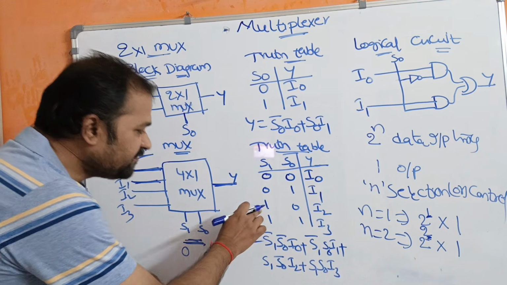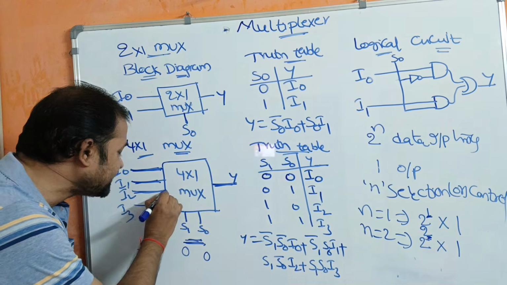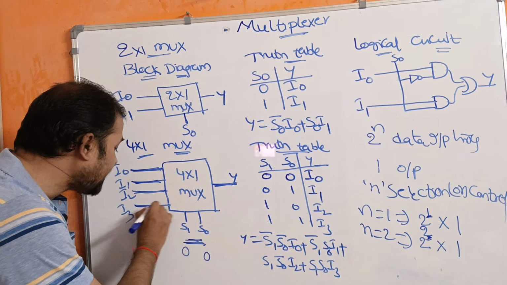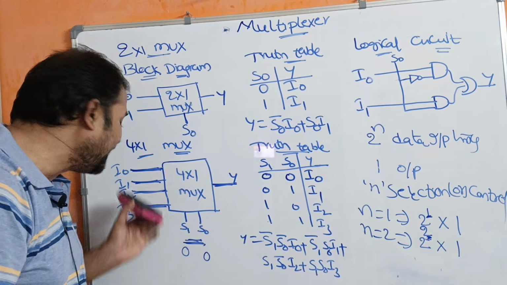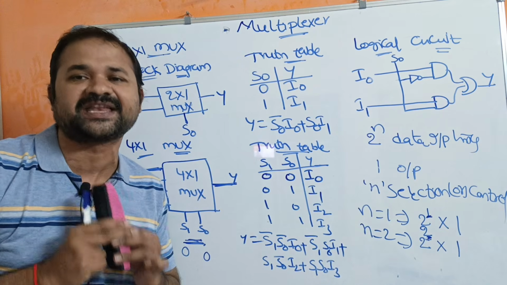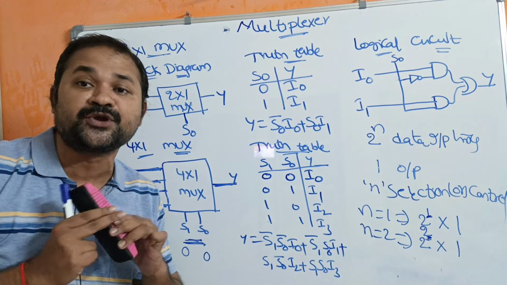If the selection inputs are 1, 0, then I2 will be selected as the output. If the selection inputs are 1, 1, then I3 will be selected as the output. So out of 4 data input lines, only one input line will be active, decided based upon the selection or control input.